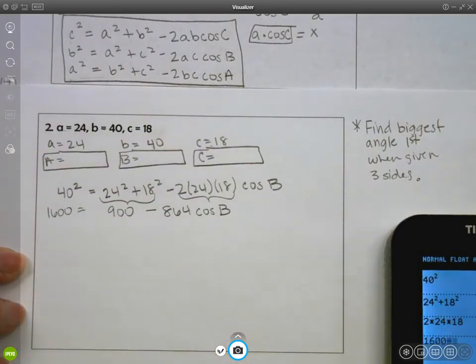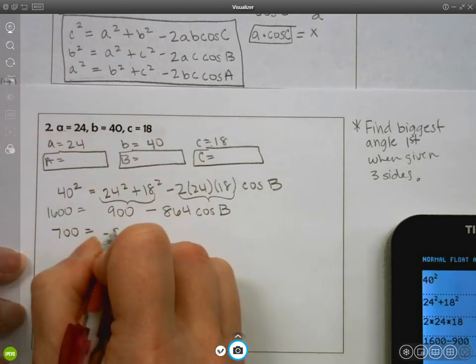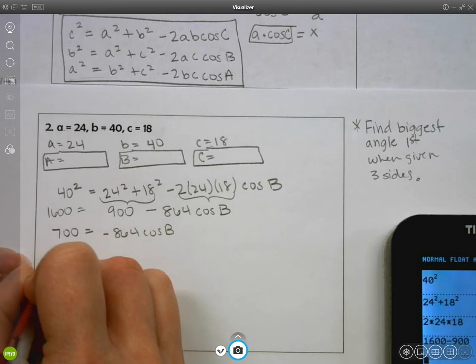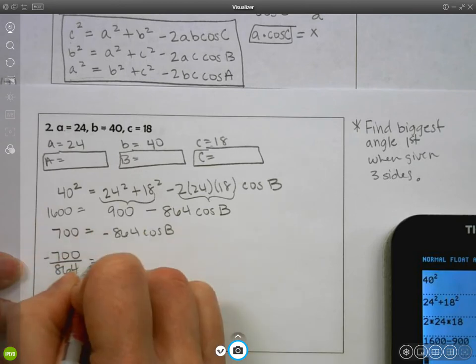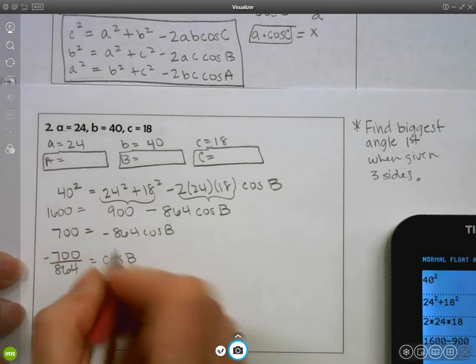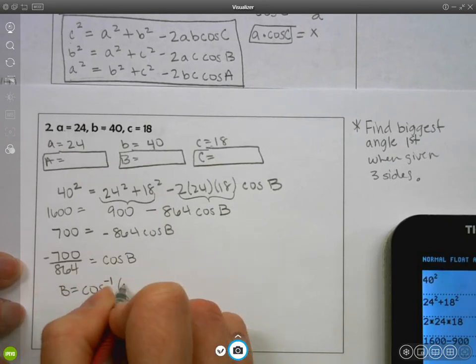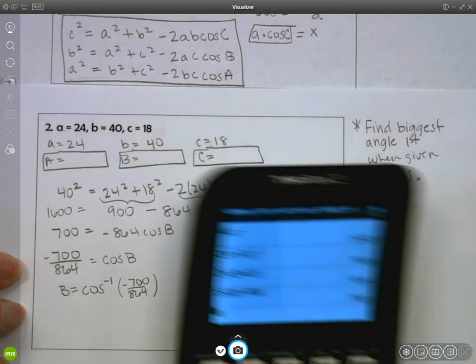So 1600 minus 900 gives me 700. Then we divide by the negative 864. Doesn't matter if you put the negative on top or bottom as long as it's there. So then to find angle B, you inverse cosine this fraction.